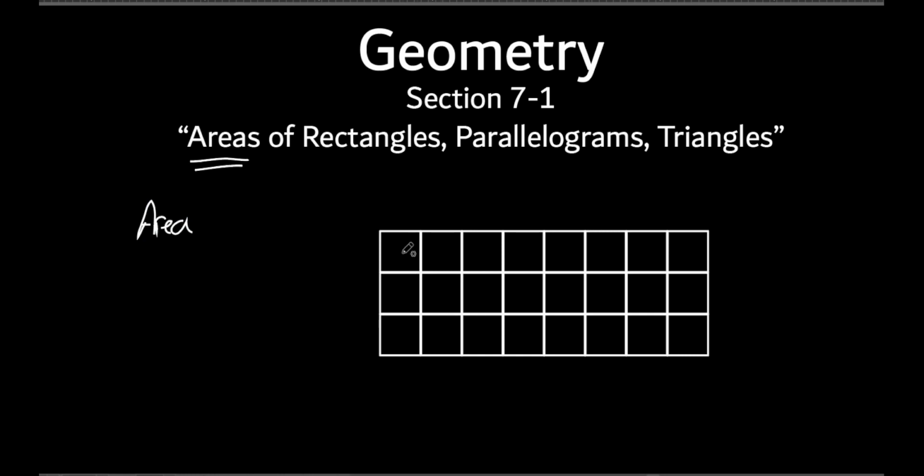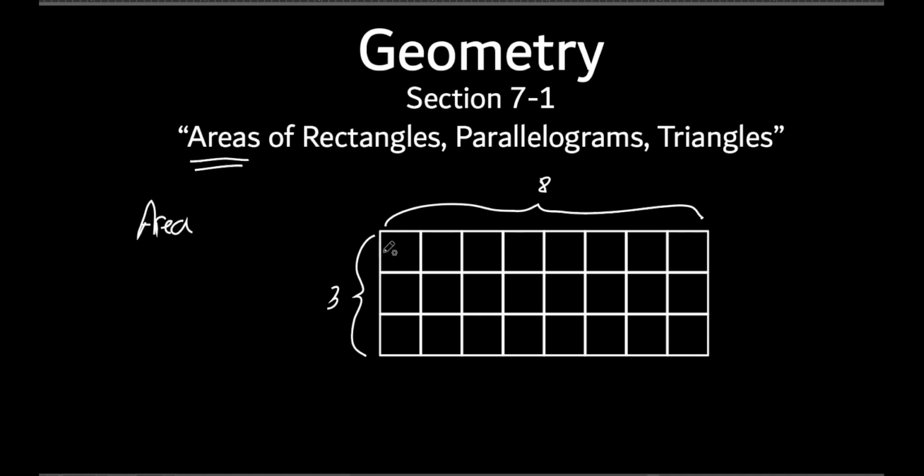You could just sit there and count 1, 2, 3, 4, 5, 6, 7, 8, 9, 10, 11, or you could do what? How many across did I say there was? 8. So there's 8 of these across. And how many are up and down? 3. You could call these rows and columns if you wanted to.